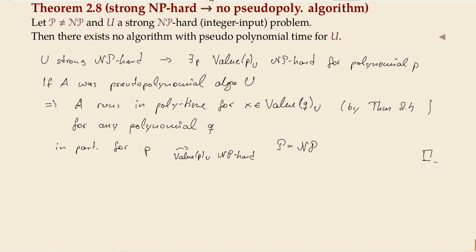So the good thing about this is whenever you find a single polynomial P where this value restricted subproblem is hard, you already know that the search for pseudopolynomial algorithms is useless.